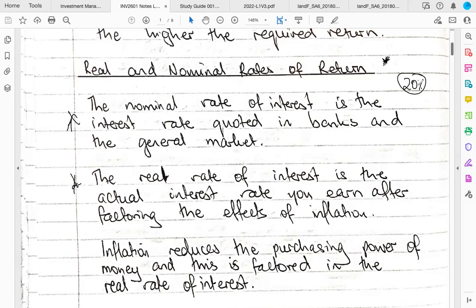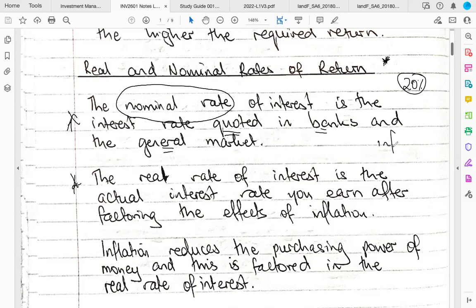And let's say this is also the return I required, and it's the return I've been told I will get, right? So this return, we call the nominal rate of return. It's the return that you are quoted or told about when you go to the bank or when you go into the market. When we're just talking in everyday terms, this is the rate of return we're referring to.